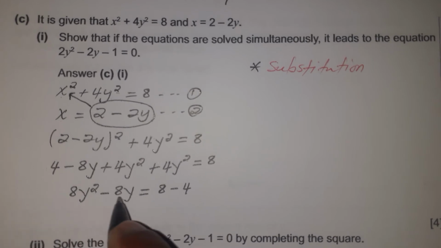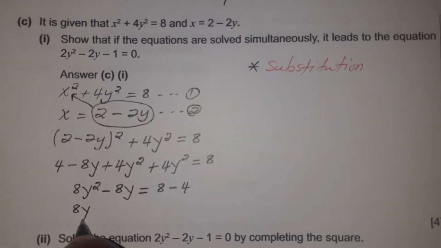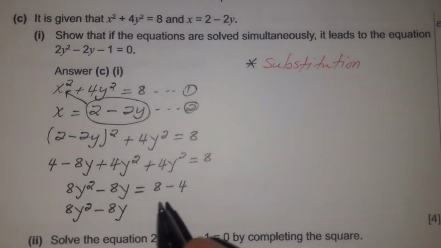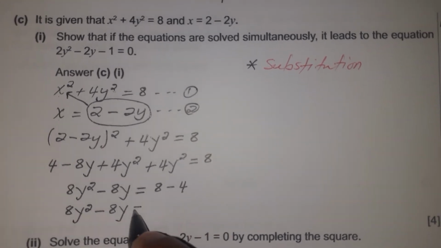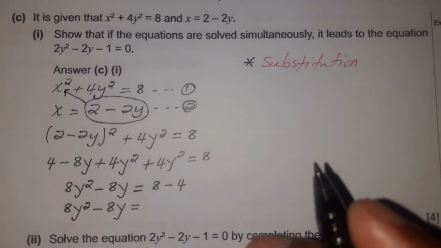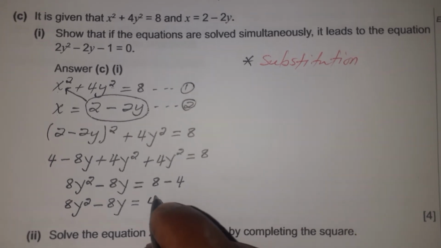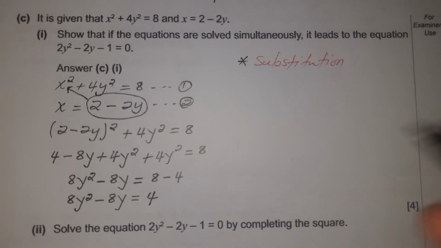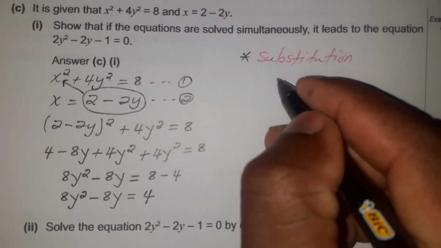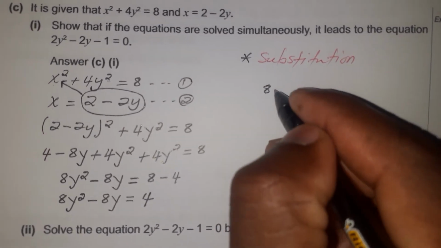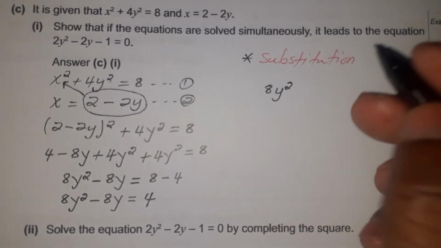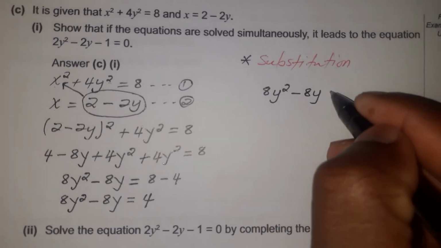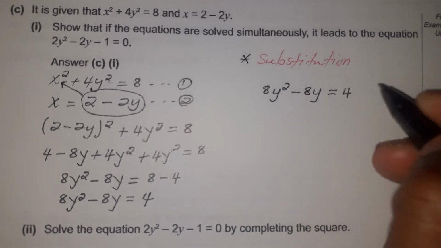Now we rewrite this: 8y squared minus 8y equal to 8 minus 4, we get positive 4. Let me rewrite this equation this side. We have 8y squared minus 8y equal to 4.